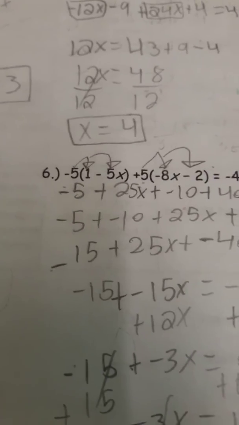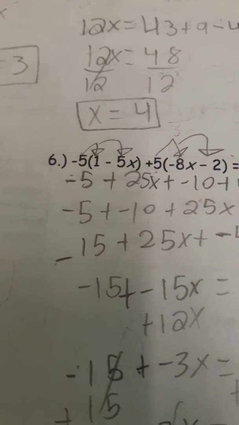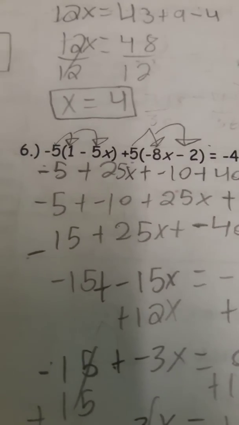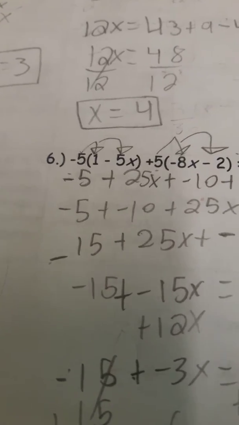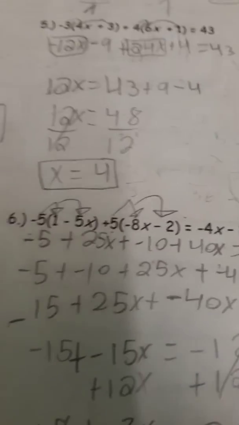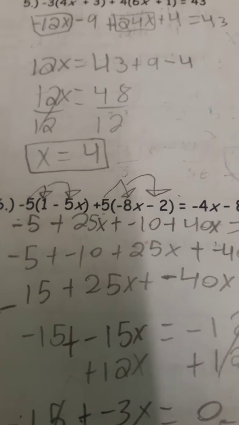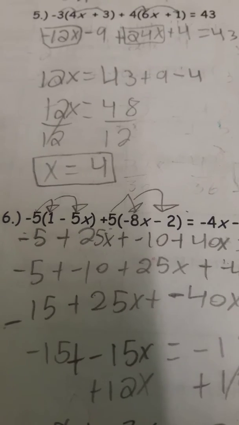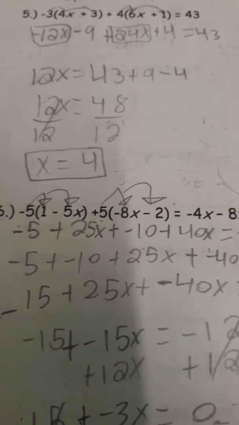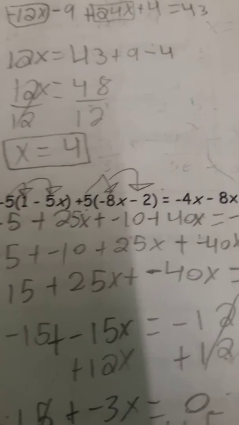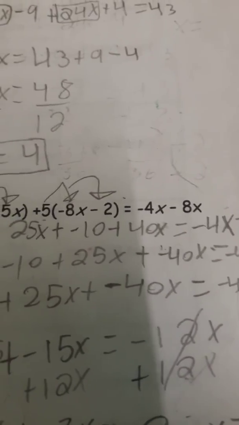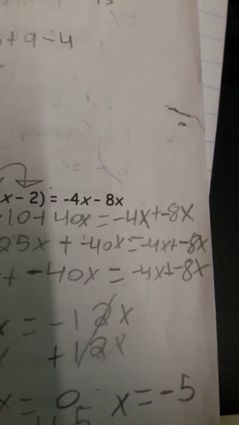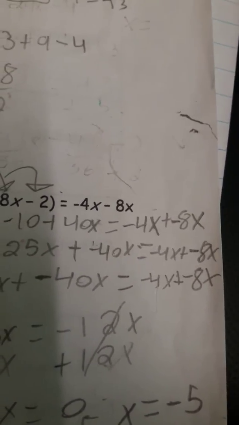We do negative 5 times negative 5x equals 25x plus 5, then we do distributive property. 5 times negative 8x equals negative 40x, sorry. And 5 times negative 2 equals negative 10. Then we bring negative 4x minus negative 8x.